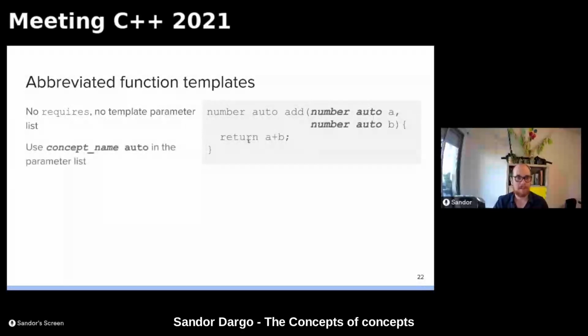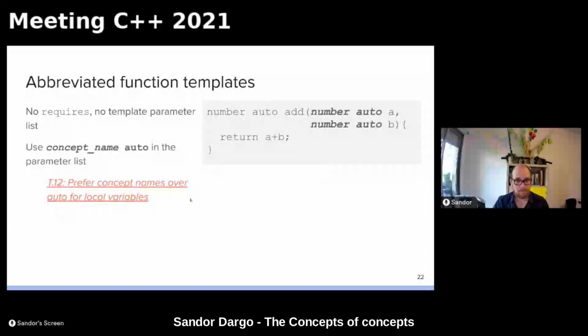It's very concise. And you have to write concept name auto in the parameter list, because otherwise you have no idea if you expect there, like whatever type or a concrete type, you don't know if it's a function template or a normal function. That's why you have to use both the concept name and the auto.